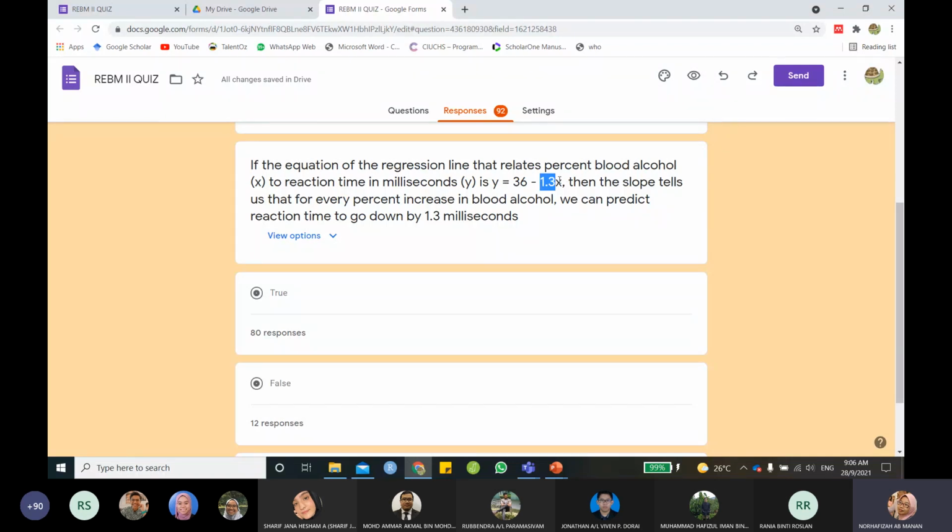For example, if x is 10, then you can predict what y is. But if you want to talk about the difference per unit, a 1 unit increase reduces y by 1.3. So when we just talk about the relationship between y and x, we ignore the constant. Okay, thank you, Doctor.